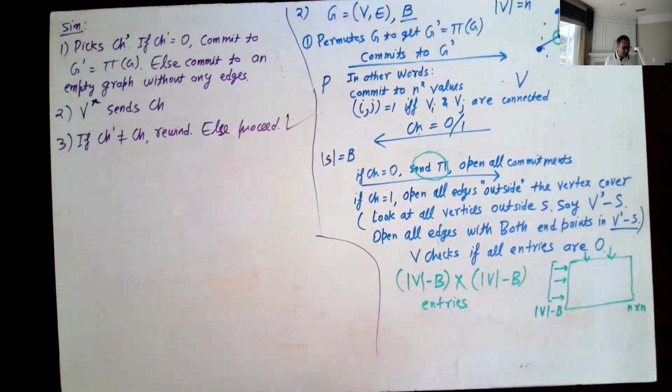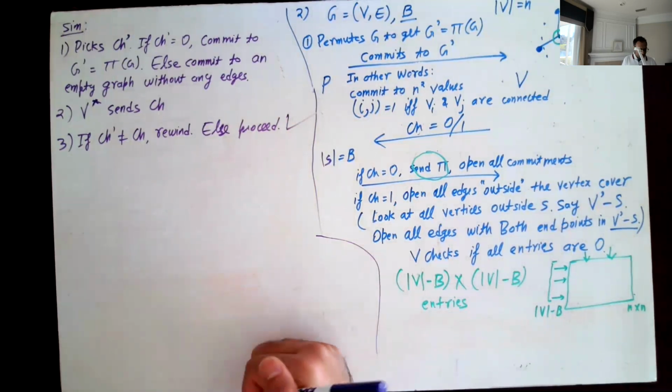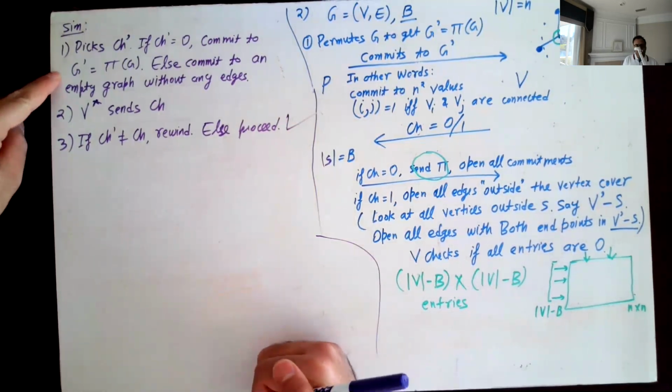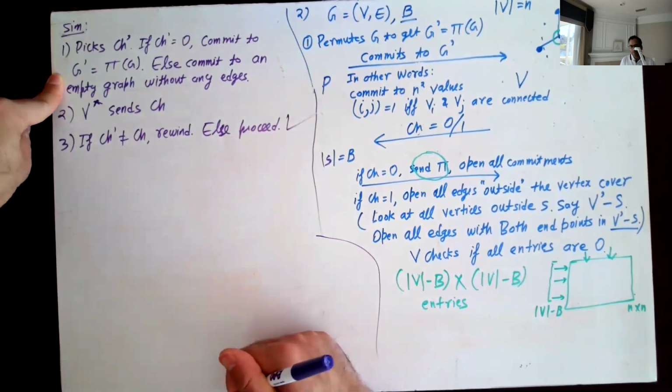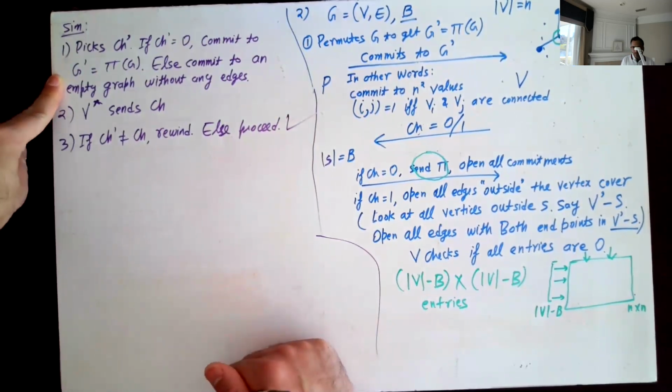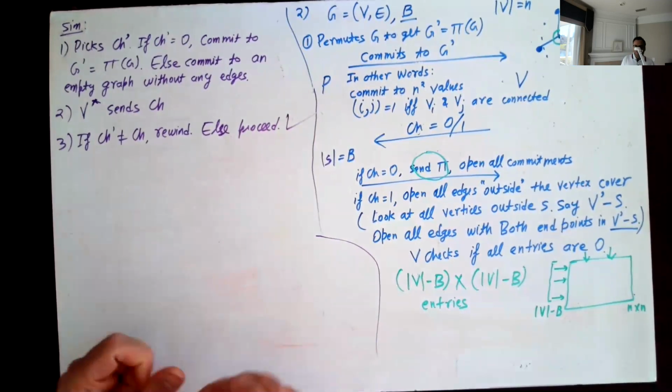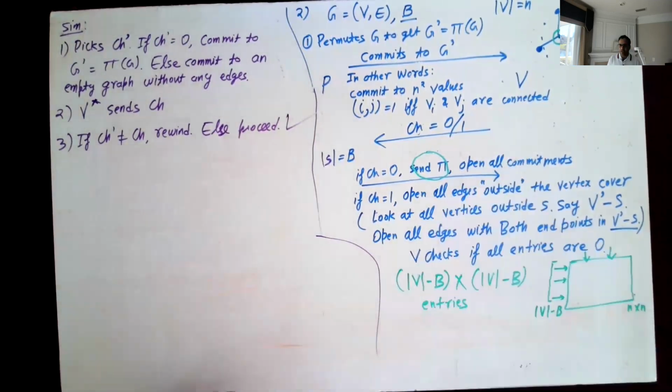So if challenge is 0, then real and the simulated transcript are actually identical, because in both cases the verifier gets the commitment of a graph G, which is indeed a random permutation of the original graph, and the verifier learns the random permutation and the entire graph. So there's no difference.